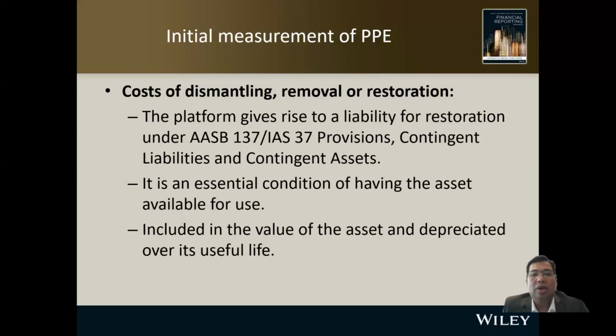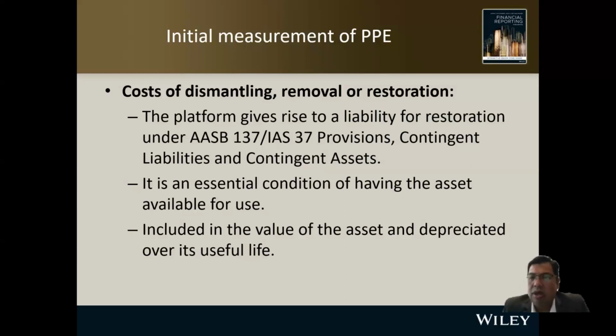The next one is the cost of dismantling, removal or restoration of the assets. This gives rise to a liability for restoration under AASB 137 or IAS 37, provisions, contingent liabilities and contingent assets. Under some circumstances, you have to dismantle this asset and remove it from the location once you complete the project.